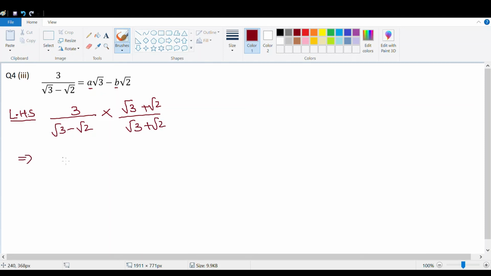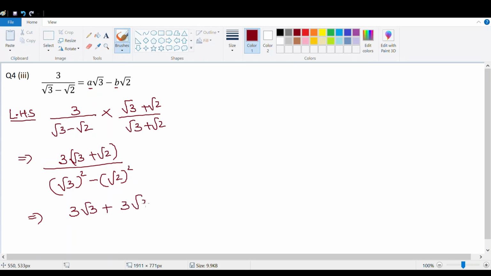So the numerator now becomes 3 times (root 3 plus root 2), and in the denominator I have (root 3) square minus (root 2) square. This is equal to (3 root 3 plus 3 root 2) upon (3 minus 2).